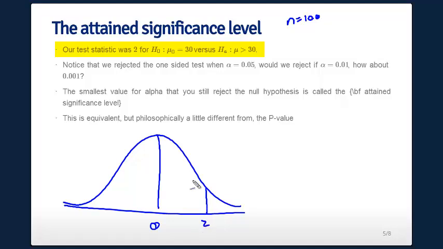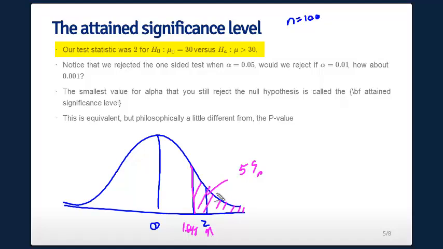For a one-sided test, if we set alpha to be 5%, then we got 1.645 there. Our 2 was bigger than it, and we would reject the null hypothesis.